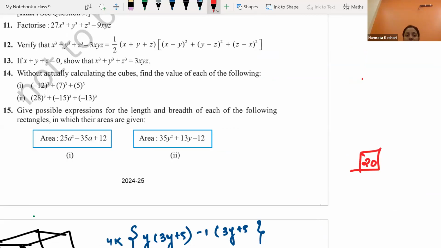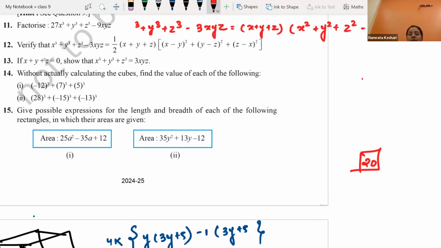But the right hand side is not the same, right? In our formula we were having x cube plus y cube plus z cube minus 3xyz is equal to (x plus y plus z) in one bracket. In another bracket, x square plus y square plus z square minus xy minus yz minus zx.